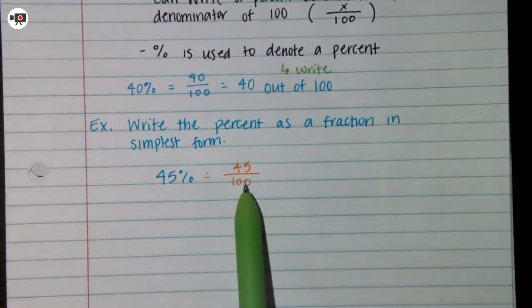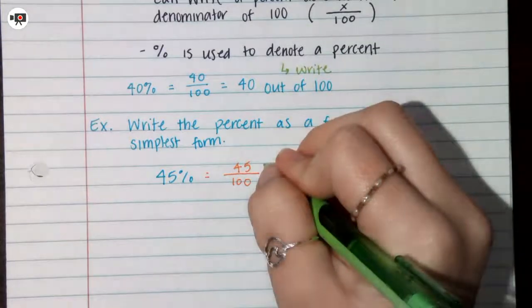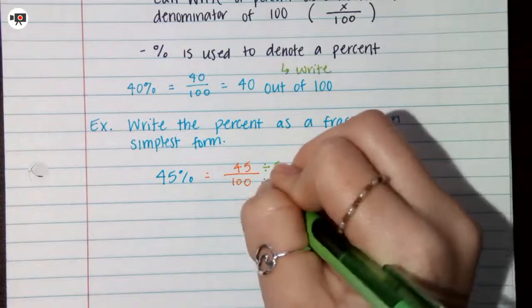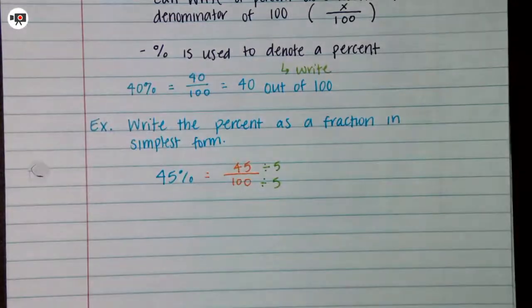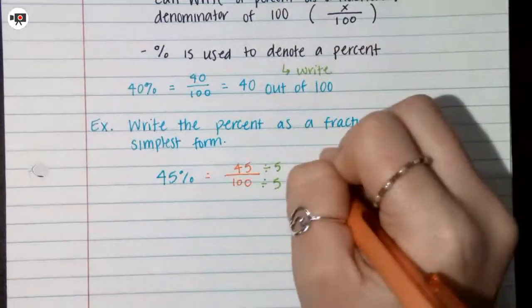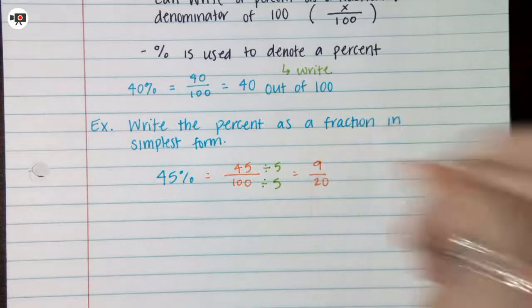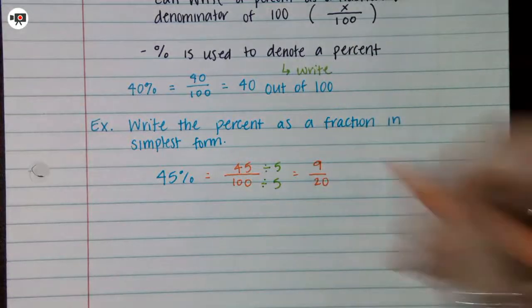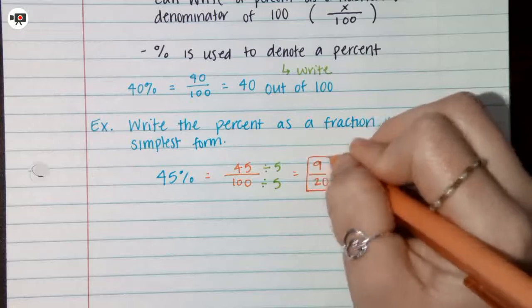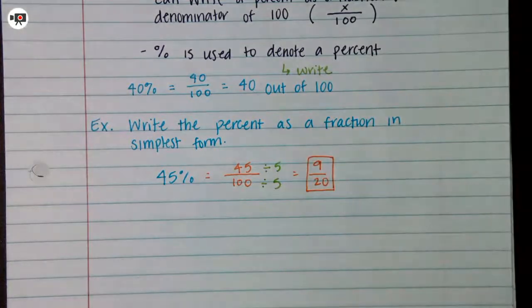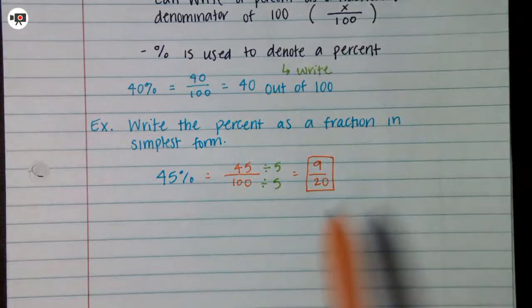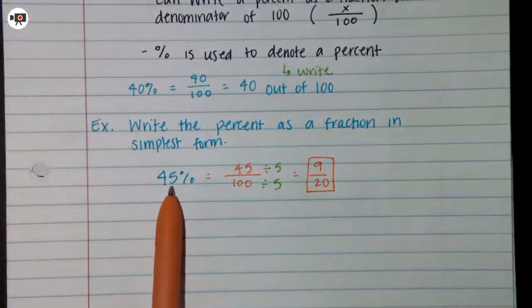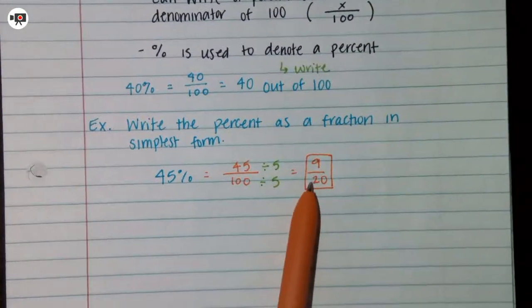Ends in a 5, ends in a 0. I know I can divide each of them by 5, and that leaves me with 9 over 20. 9 and 20 do not have any common factors, so that is my answer. 9/20 is 45% written as a fraction in simplest form.